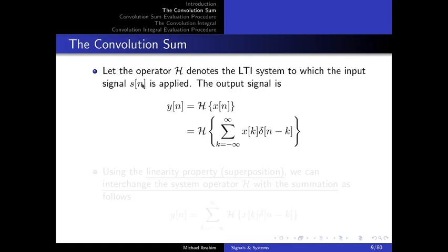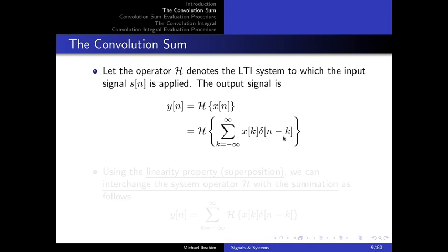Applying x of n as the input to the system h, the output y of n can be computed as follows. It's h acting on x of n, or h acting on the summation of x of k delta of n minus k.